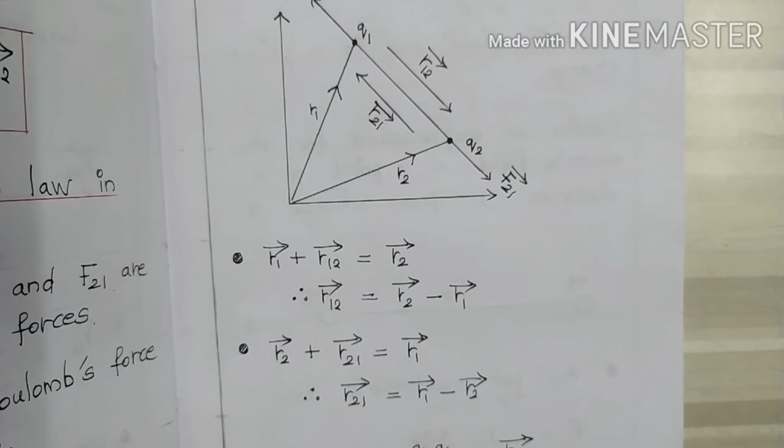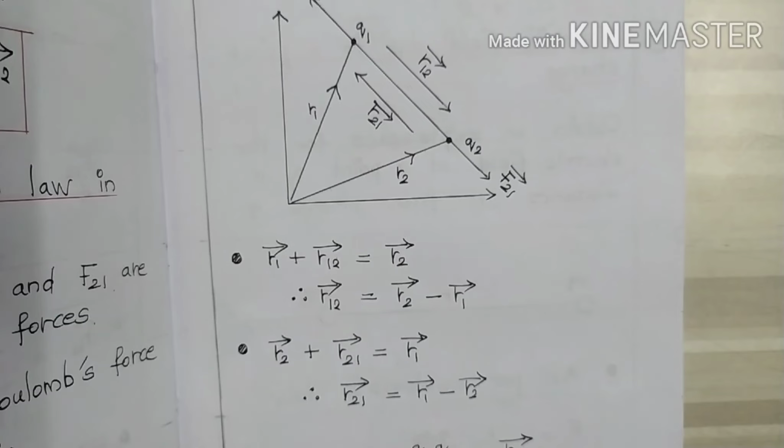Now we have found the position vectors, that is R12 vector and R21 vector. Now we are going to just substitute in these equations. We have already learned that F12 vector is equal to 1 by 4 pi epsilon naught Q1 Q2 by modulus of R12 vector cube, R12 vector.